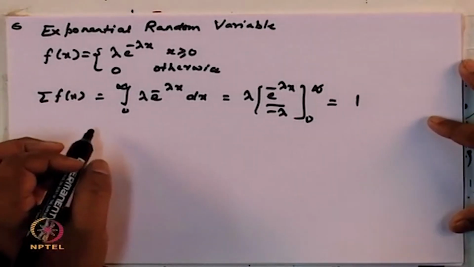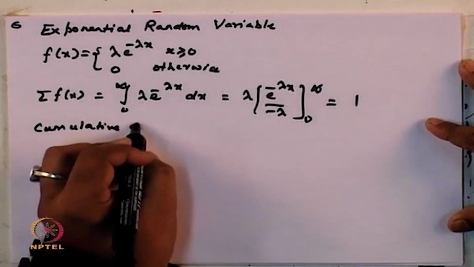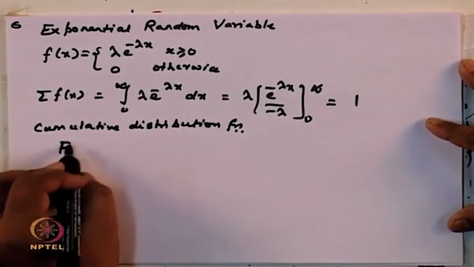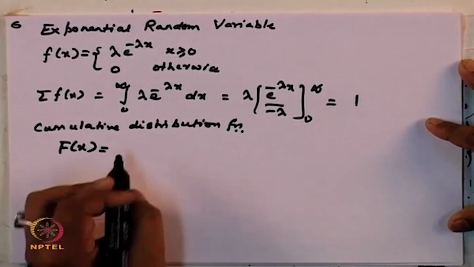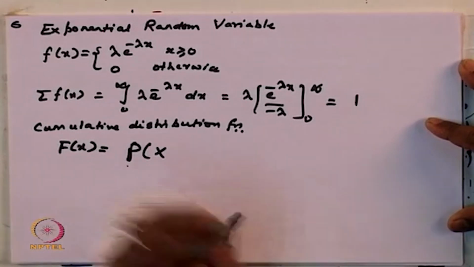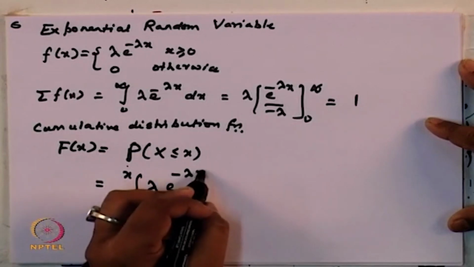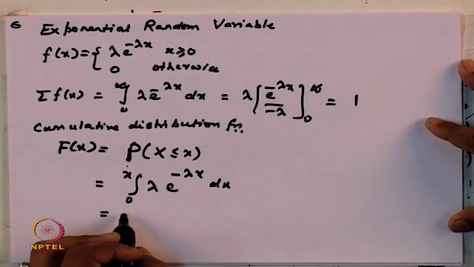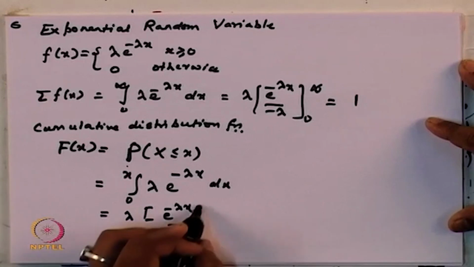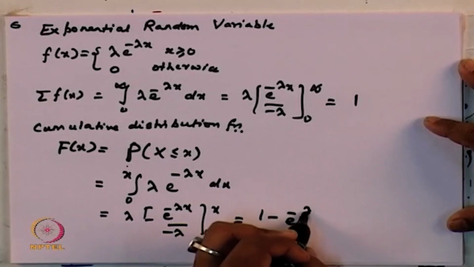Okay. I can determine the cumulative distribution function F of x, which is nothing but the probability that X is less than or equal to x, equal to the integral from 0 to x of lambda e to the power minus lambda x dx, which turns out to be 1 minus e to the power minus lambda x.